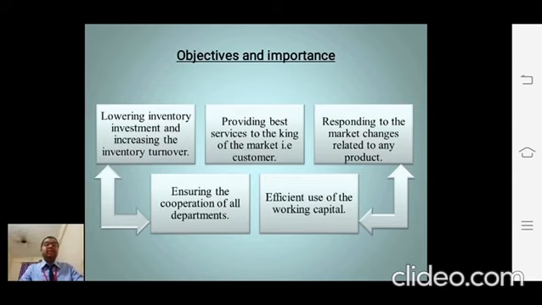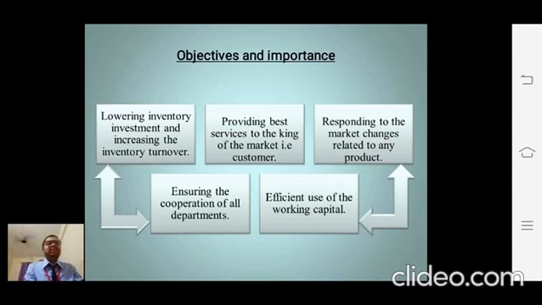If you manage material very well, if you are able to control its flow and organize it well, it lowers your investment, providing the best service to the king of the market. The second importance is that if you manage material well in any organization, it increases the quality of your product.